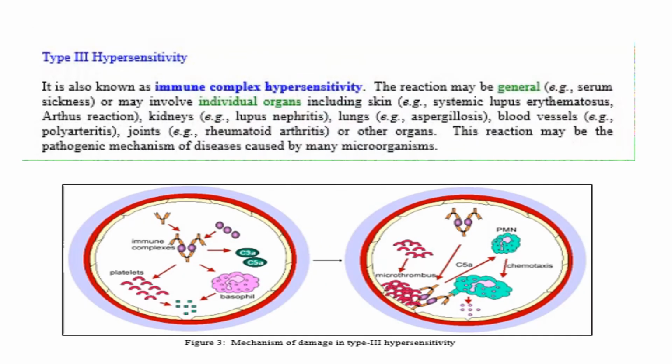The third type of hypersensitivity reaction we call type 3 hypersensitivity, also known as the immune complex hypersensitivity.